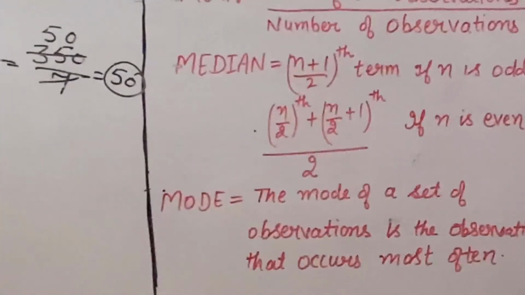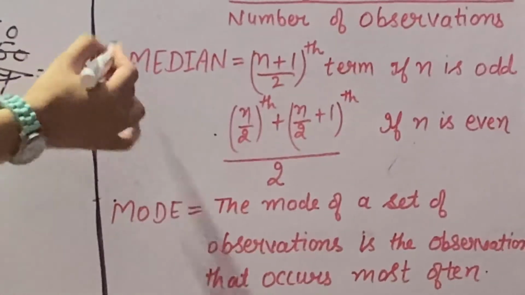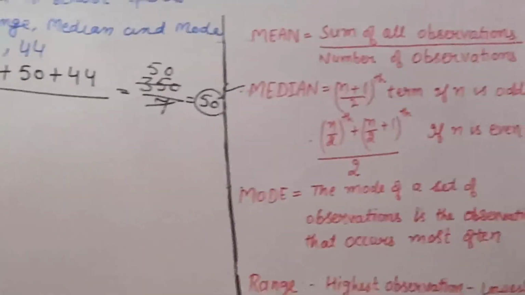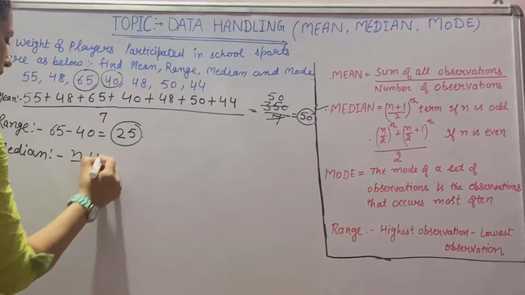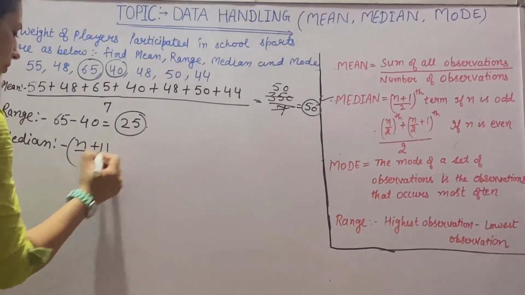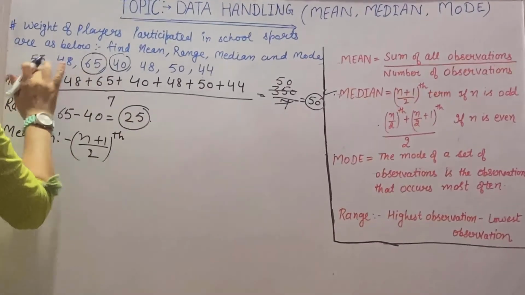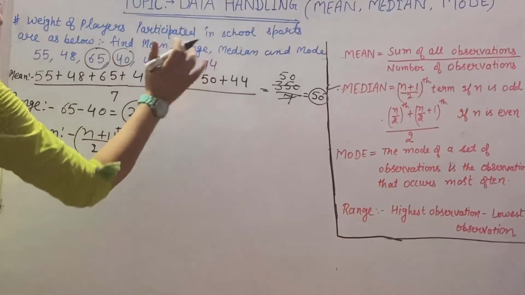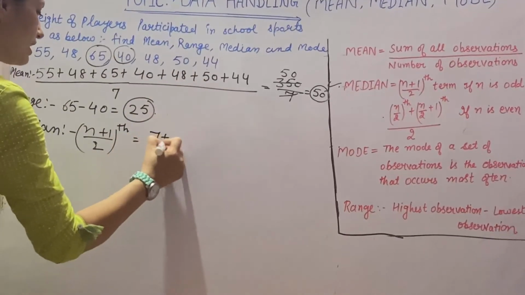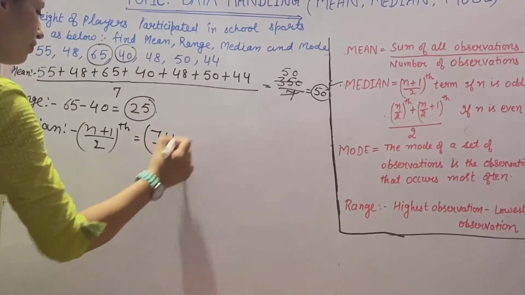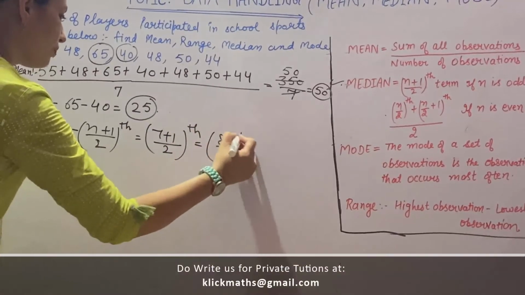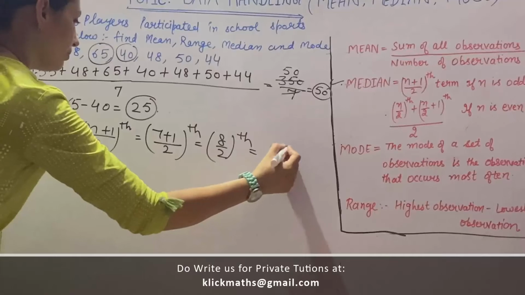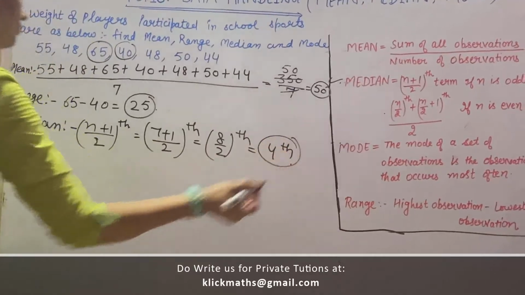That means we use the formula (n plus 1) by 2 th term. Now n is 7. 7 plus 1 is equal to 8, divided by 2. That is the fourth term.